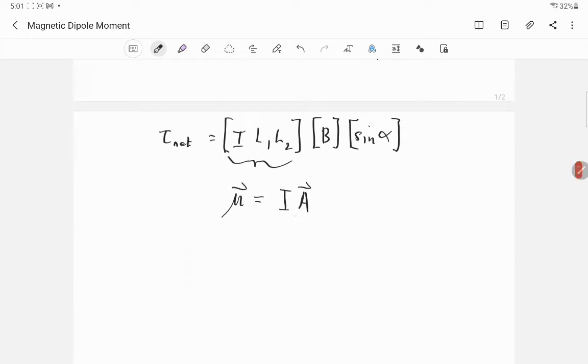So I define this thing called the dipole moment. It kind of doesn't matter what you call it, but I'm going to name it this.